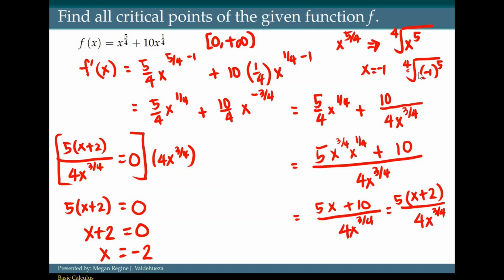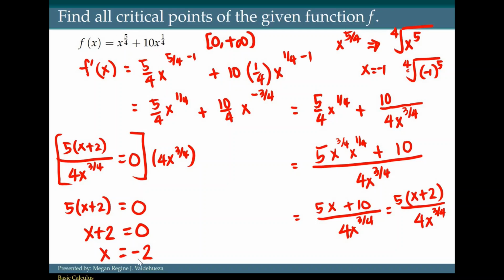This cannot be a negative number. So from this, the domain of our function is from 0 to positive infinity, including 0. So all negative numbers are not part of the domain of our function.